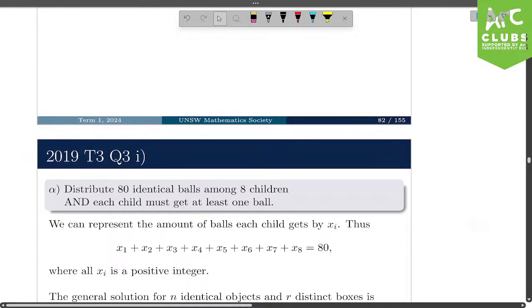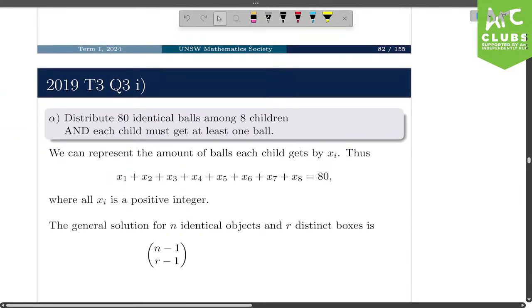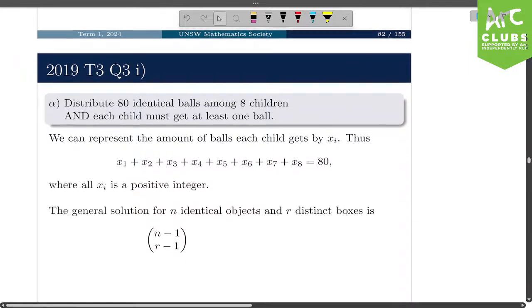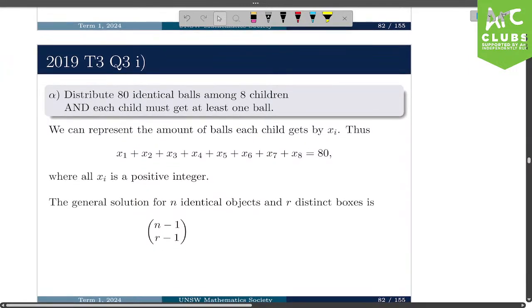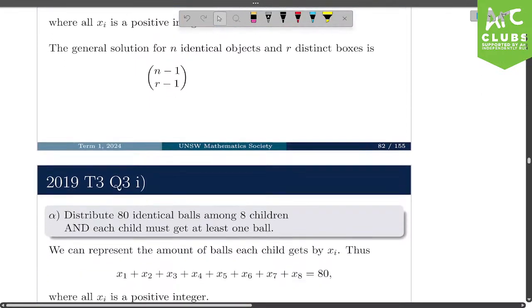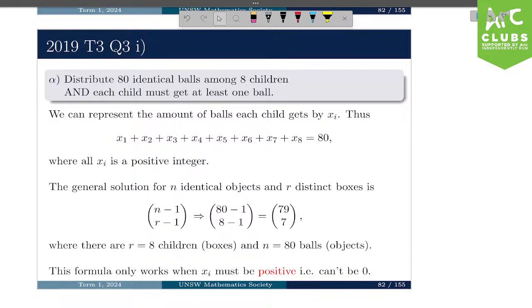So we can represent the amount of balls each child gets by x_i, and then we get this equation, and we note that the general solution for n objects with r boxes is n-1 choose r-1, right? So like before, we can just put in our values. We get 79 choose 7, since n equals 80, r equals 8.